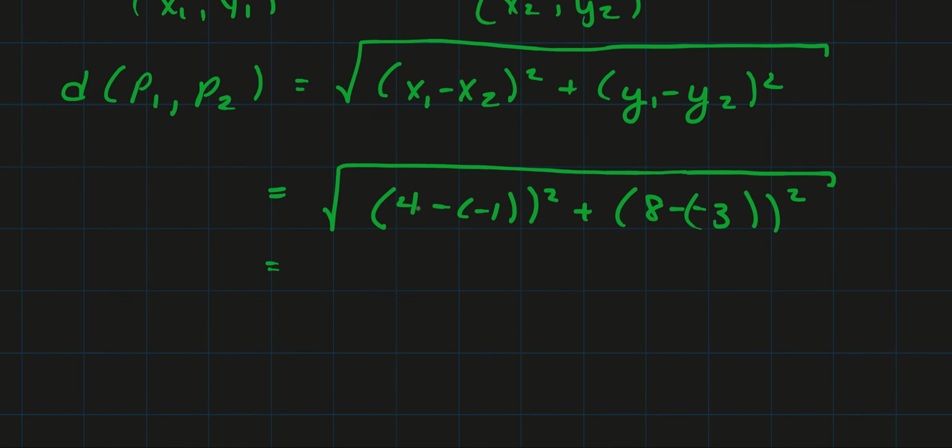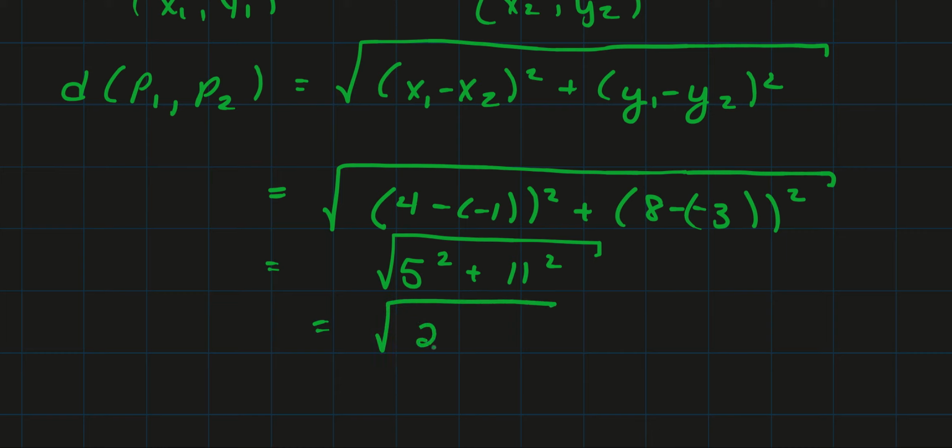We get 5 squared plus 11 squared. We want to take the square root. This is the square root of 25 plus 121. I'll put that in my calculator. Square root of 146.